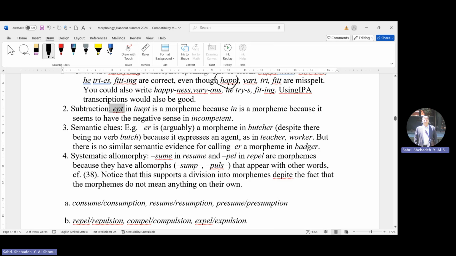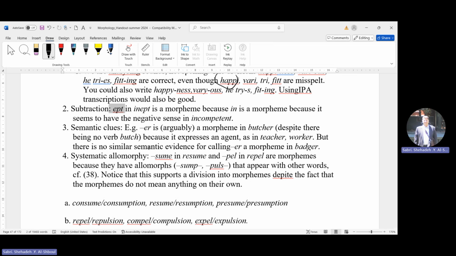Sometimes we have semantic indicators like butcher, right? Butcher, despite there being no verb butch. So we have to be careful because it expresses the agent as in teacher, worker. So actually, there we need to be cautious when we have such forms like this.